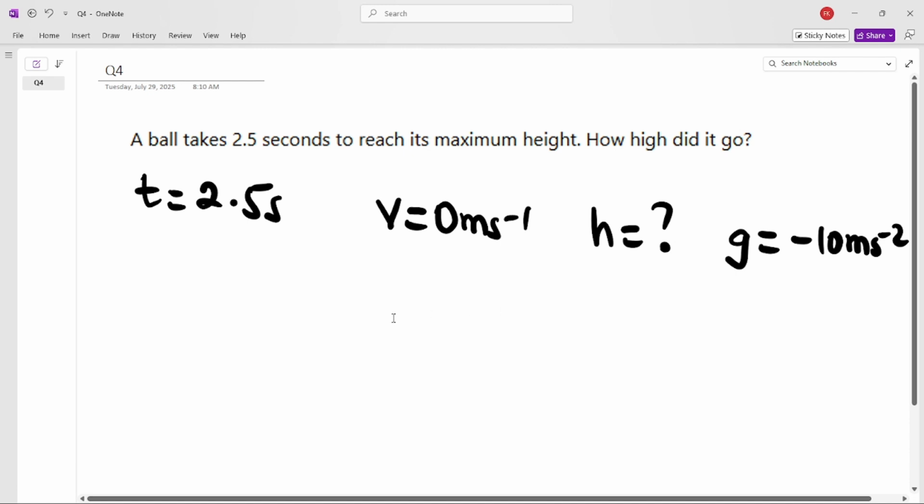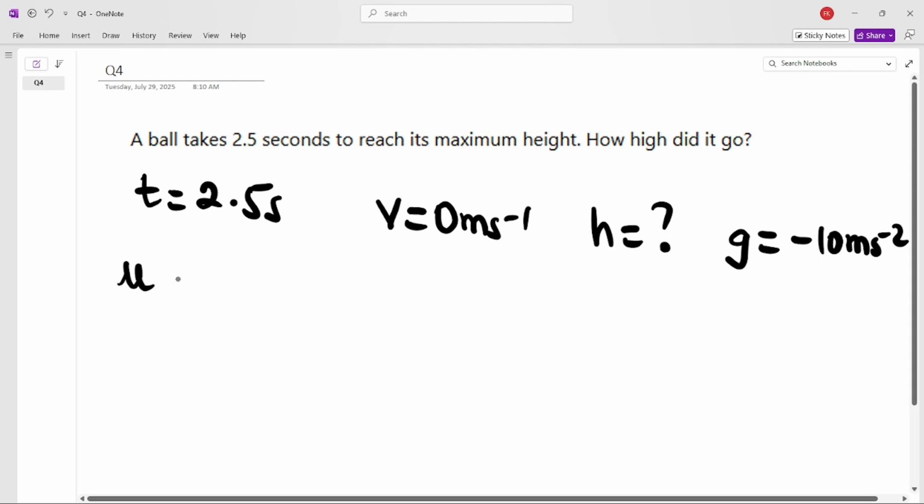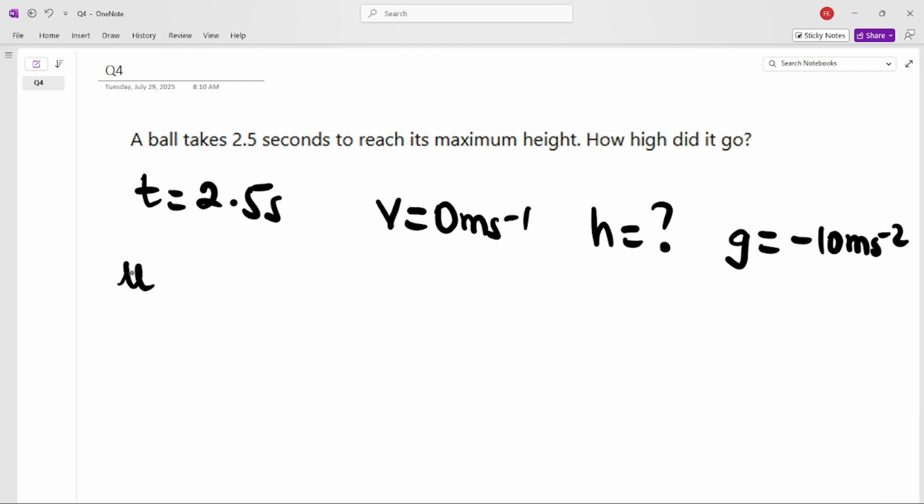Sir, it is left with the initial velocity u. u is also 0.